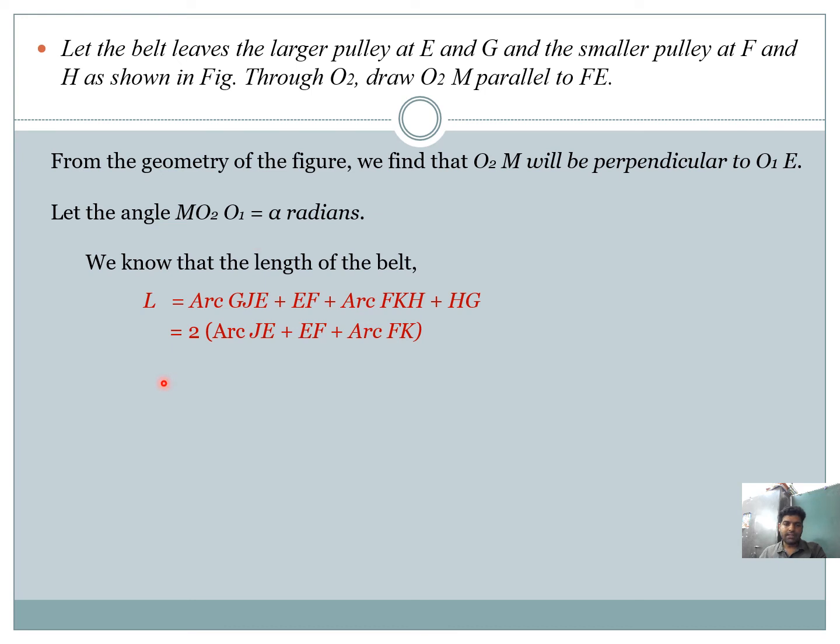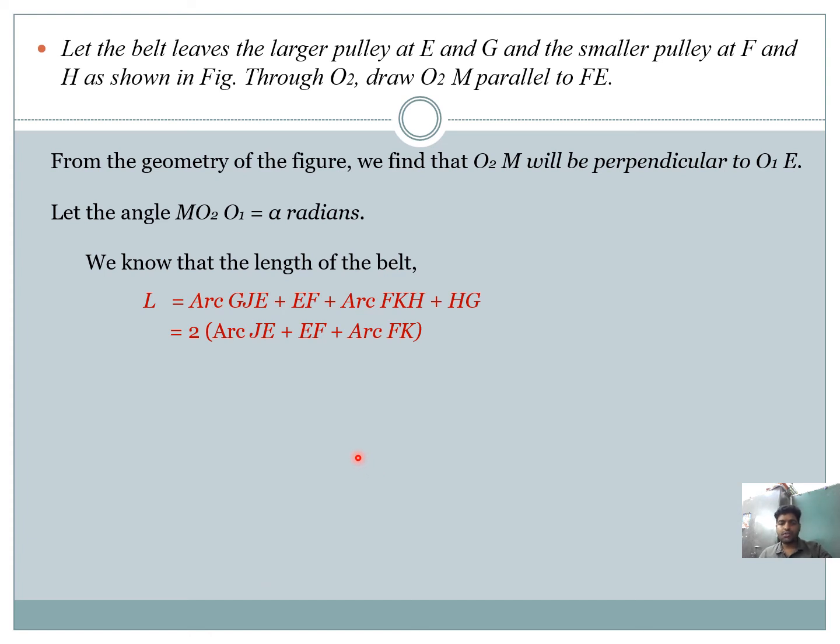As we know, L is equal to the total length of the belt, then L equals arc GJE plus EF plus arc FKH plus HG. Arc GJE you can split into two parts, GJ and JE.